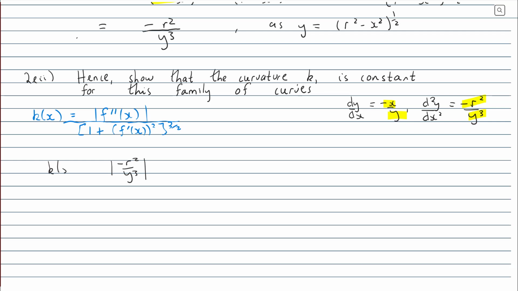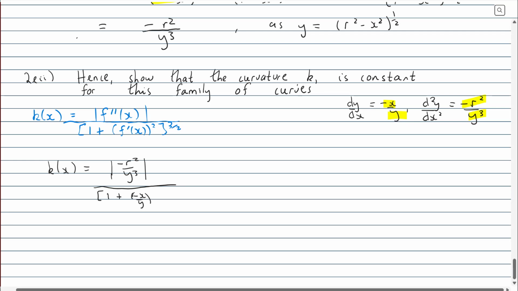We divide that by 1 plus the first derivative, negative x over y, squared, and all of that is to the power of 3 over 2.